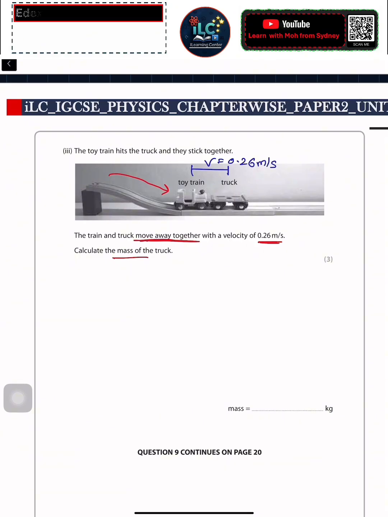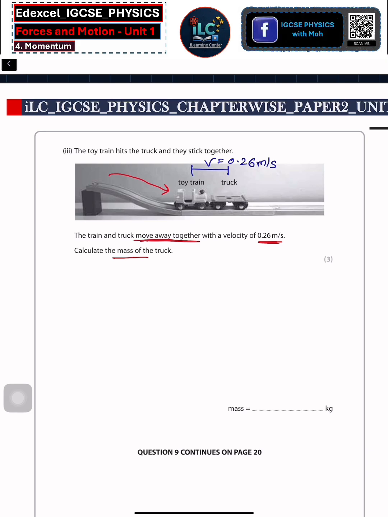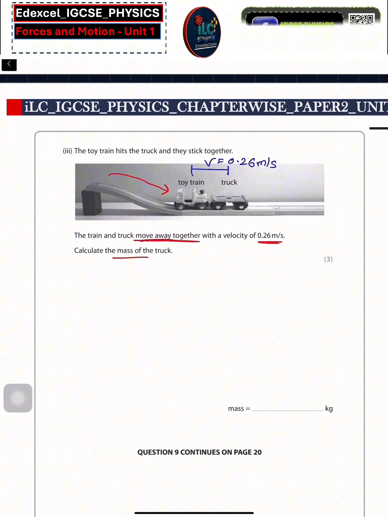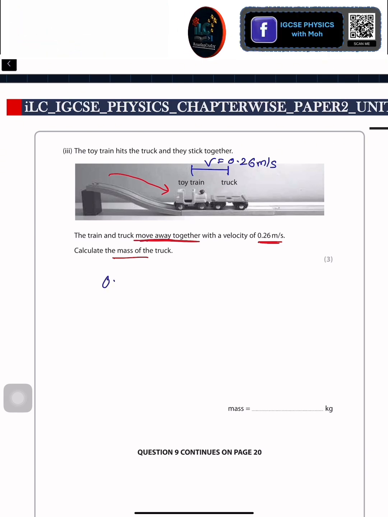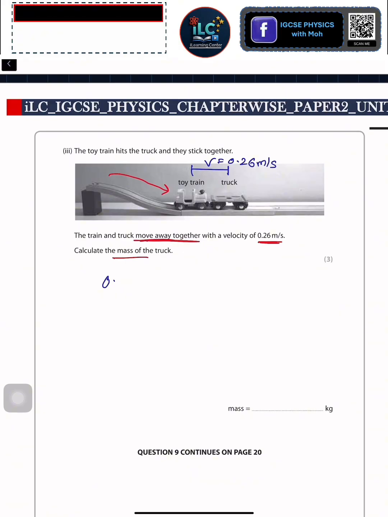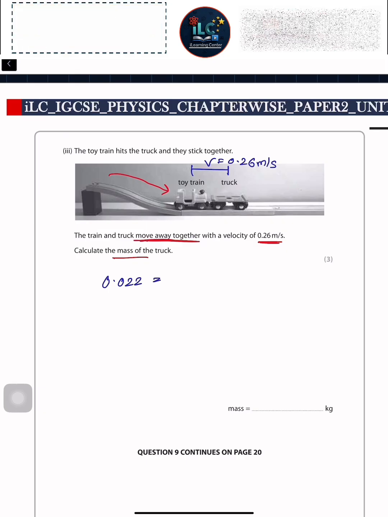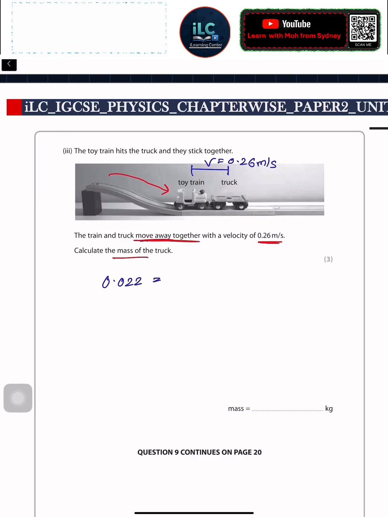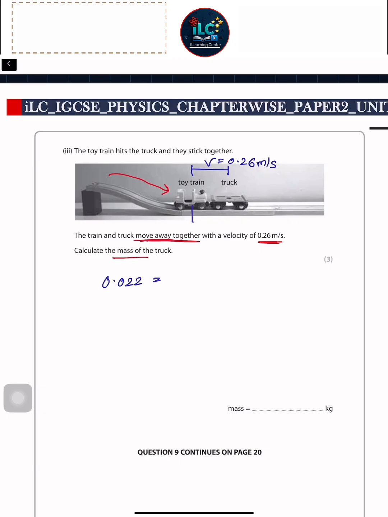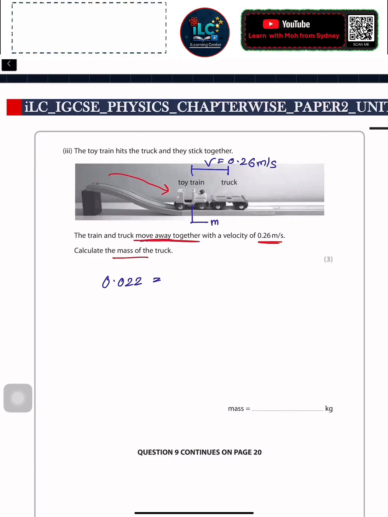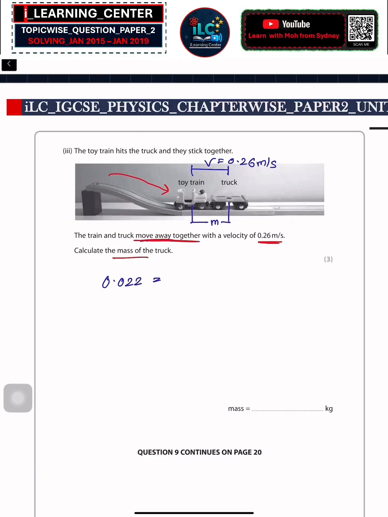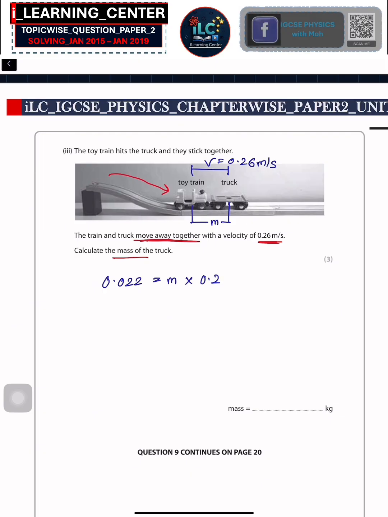Now if we look down, we know that the momentum before the collision was 0.022, and we don't know the mass of these two now, so let's assume both mass is m, so mass times 0.26.